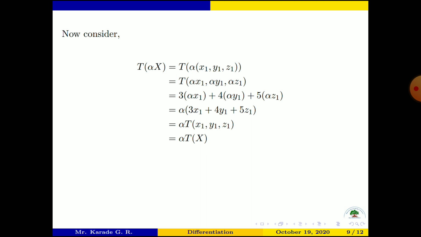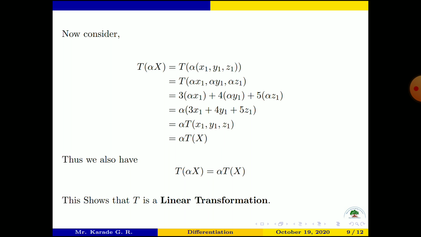Thus we have proved that T of alpha times x is equal to alpha T of x. So this shows that T is a linear transformation. This is the way to show that any given function is a linear transformation. We just have to prove the two conditions given in the definition.